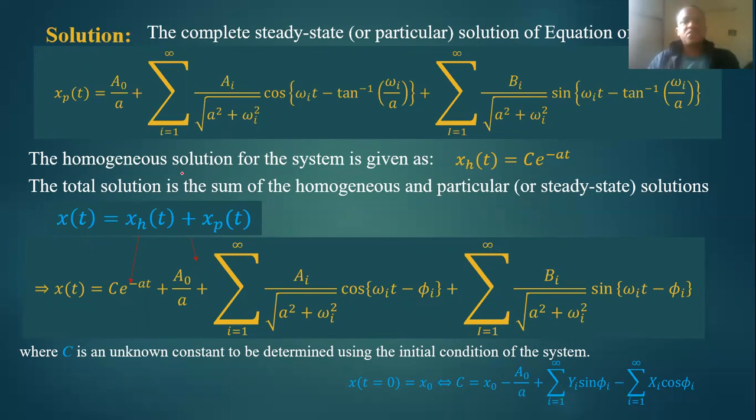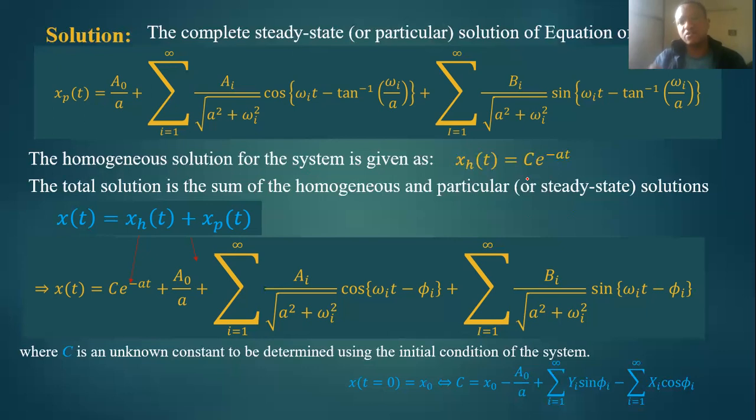The homogeneous solution for the system is given by x h of t, which is equal to c times e raised to minus a t. This c is the constant to be determined from the initial condition in our case, because we are talking about the time derivative of the system.